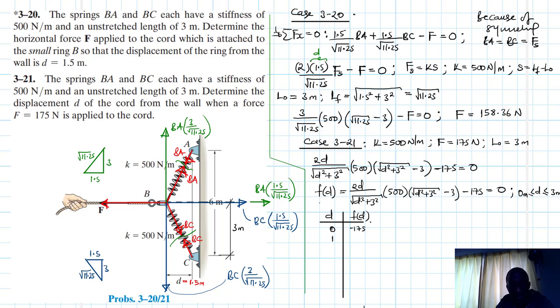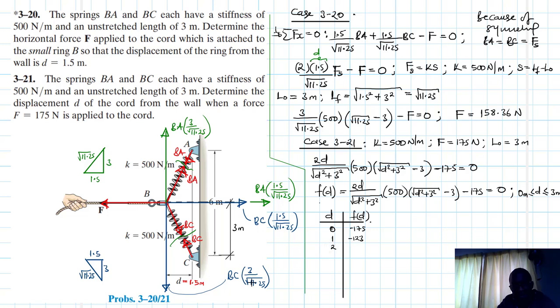That's a 2 divided by root of 1 plus 3 squared, that's 10, root of 10, times 500 times root of 10 minus 3, then minus 175. So we still have a negative 123.